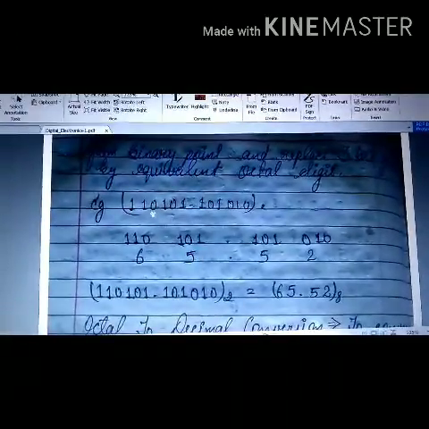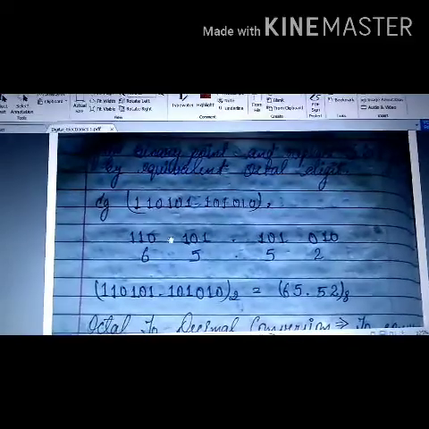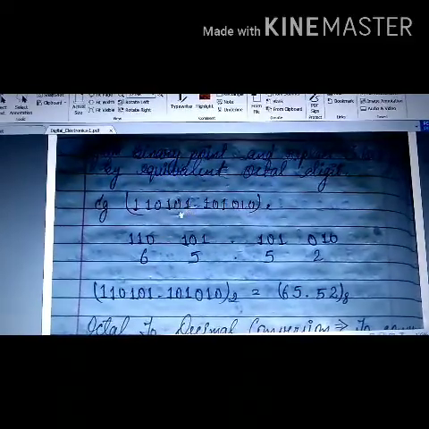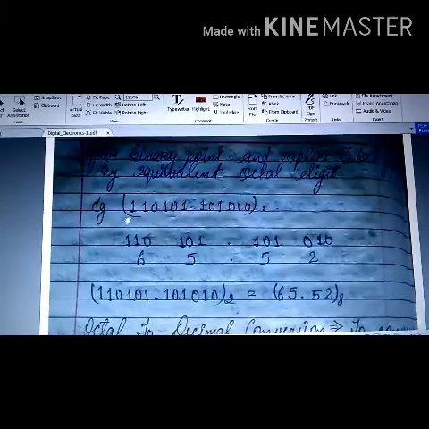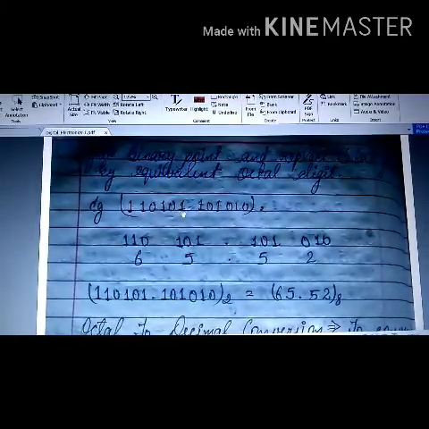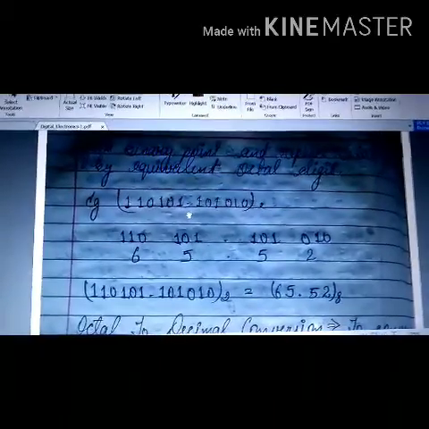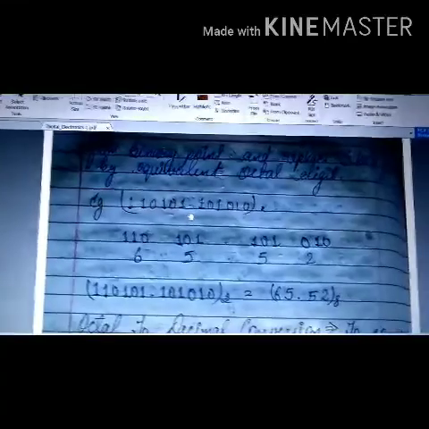Suppose I have the binary number 110101.101010. I can write it like this: this is one group, 101, and 110 is another group, starting from the right and going towards the left, to the left of the decimal point.